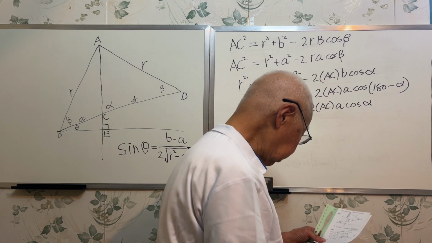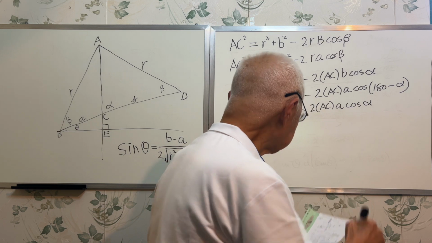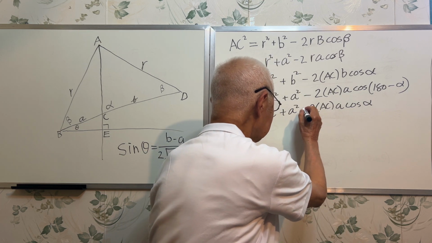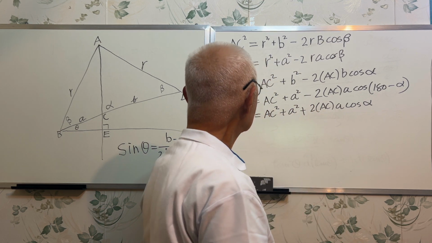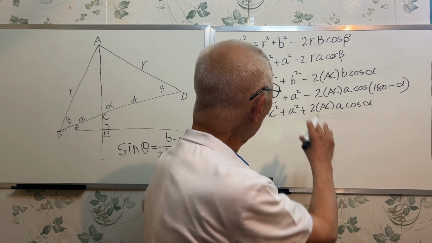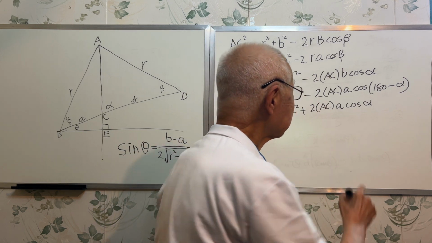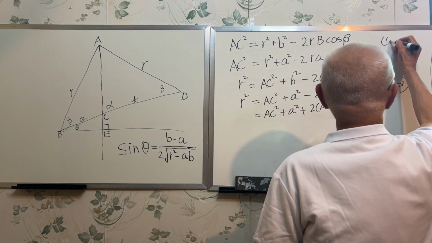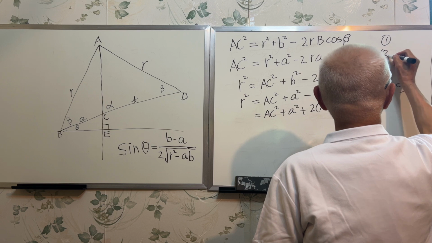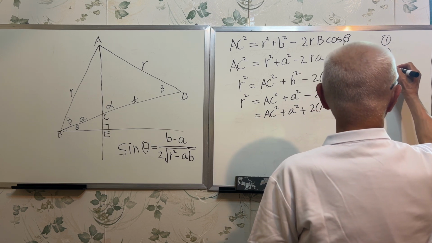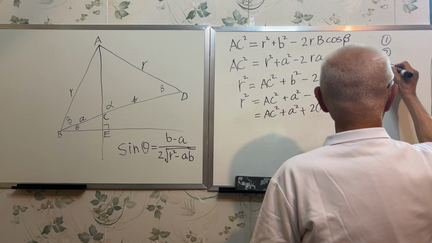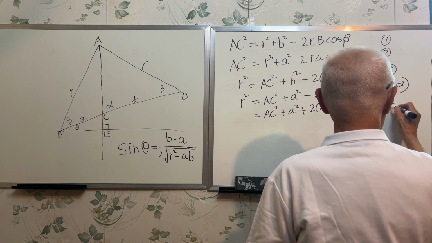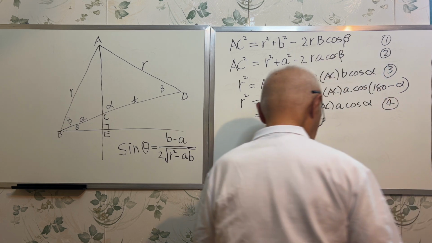And the negative changes this sign to positive. So I have 4 cosine laws. Let me call the first one 1 and 2, this is 3, and this is 4.